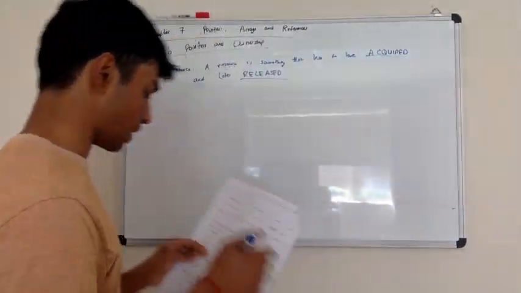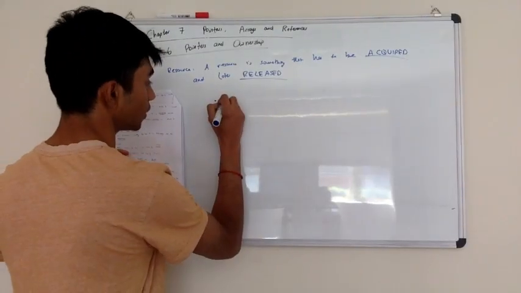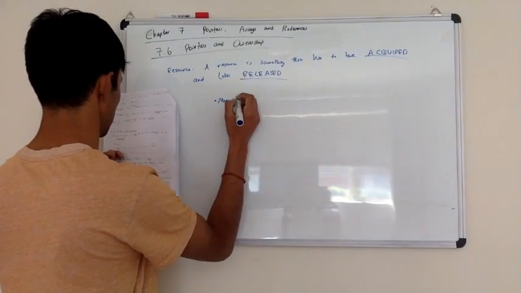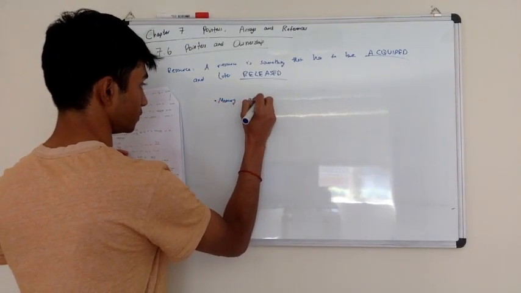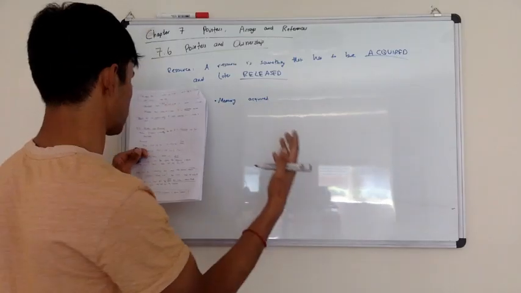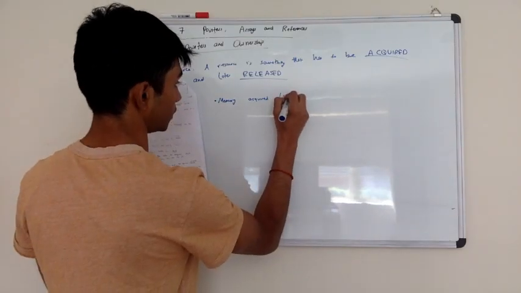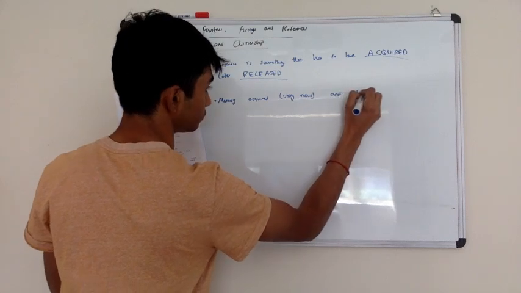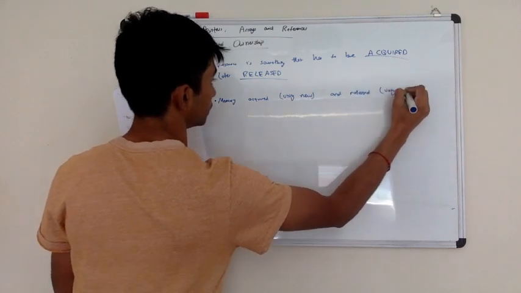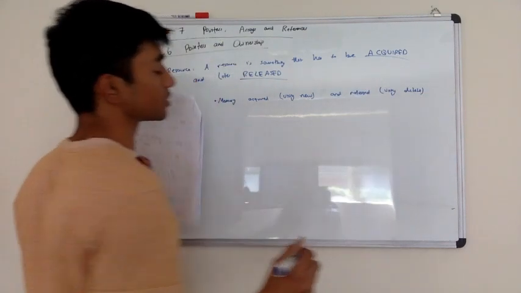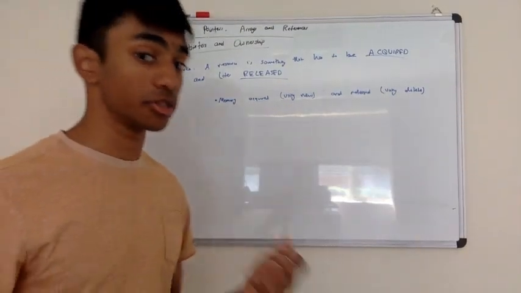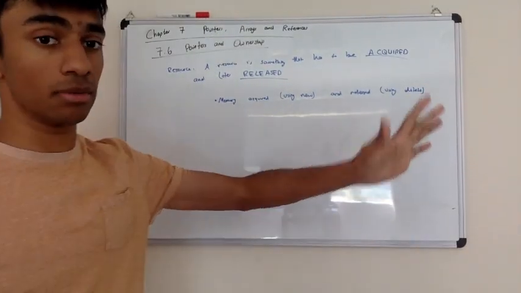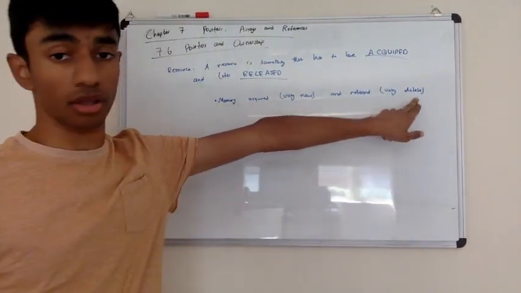Typical examples are memory, right, or objects in memory, but memory in general can be acquired to store a particular object, typically using a keyword like new, and then released using the keyword delete. So these two keywords let us very explicitly obtain memory to store a particular object, and later clean up that memory, removing that object using the delete keyword.